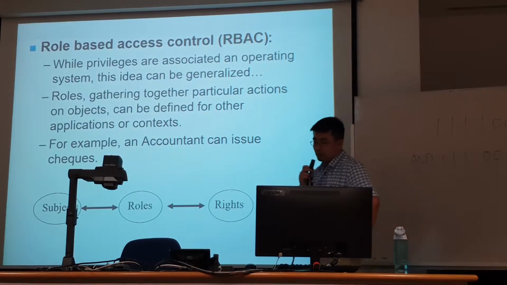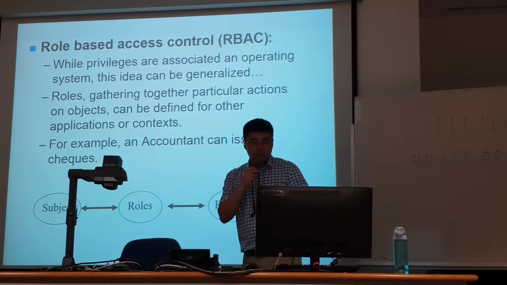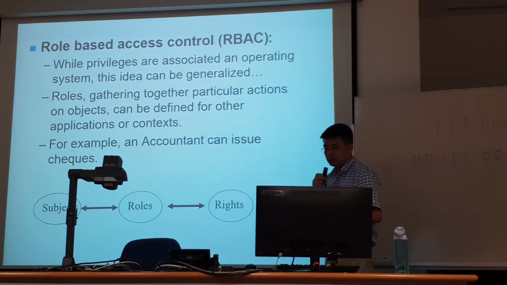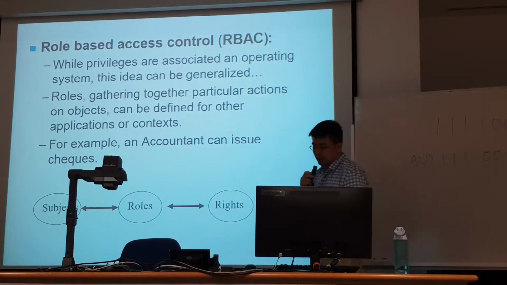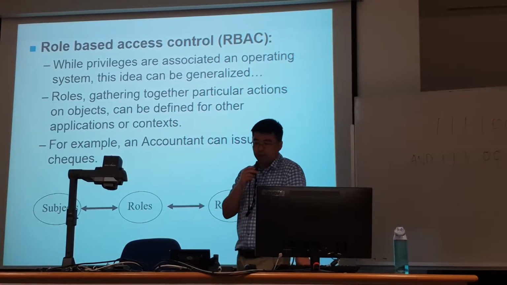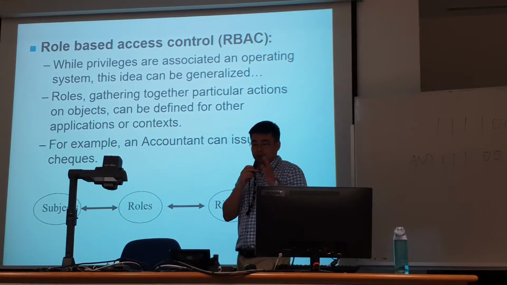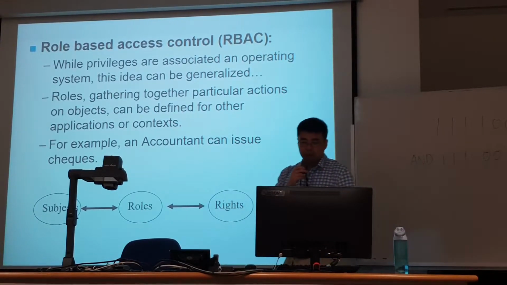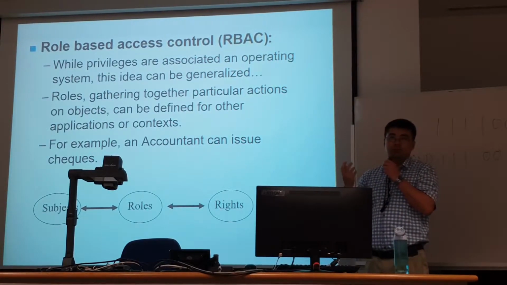So basically now we assign roles to different users, right? In different applications, we can have different roles. And the advantage of using role-based access control is that we can define some mechanisms that allow us to manage.